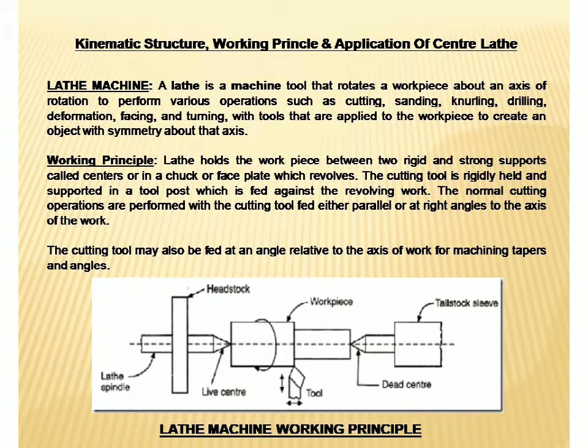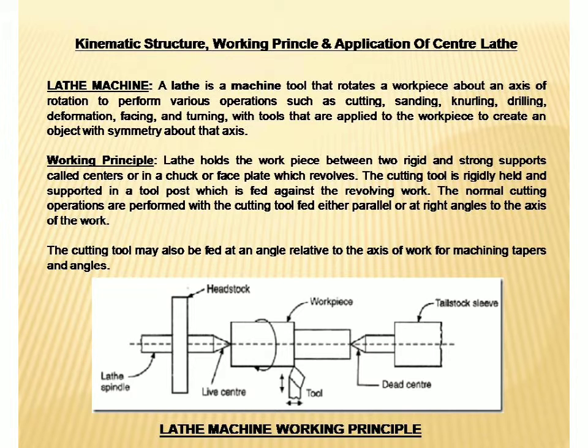And friends, the cutting tool is fed generally parallel or perpendicular to the axis, and in some special cases the cutting tool may also be fed at an angle relative to the axis of the work for machining tapers and angles.